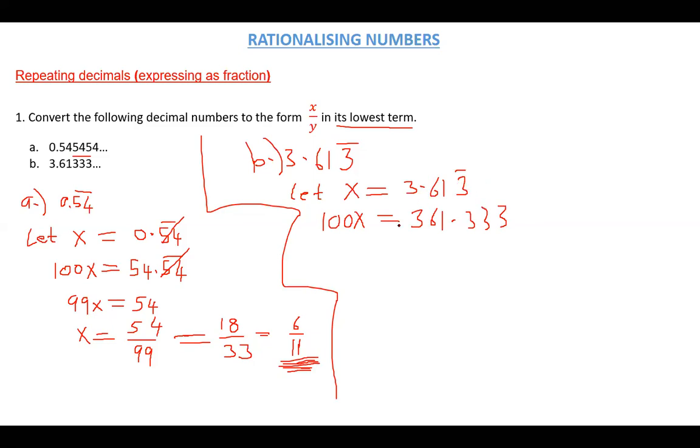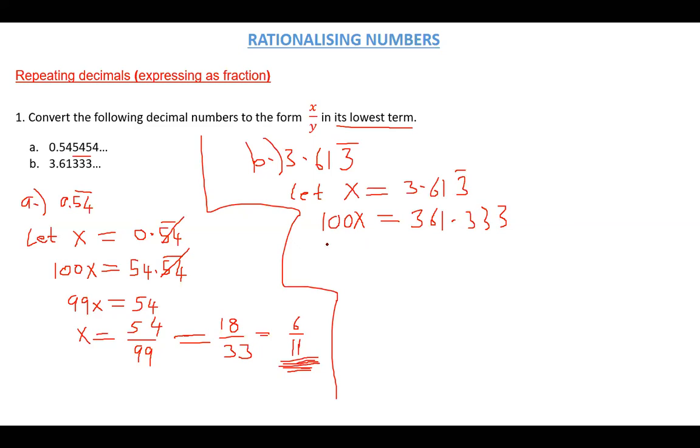Here again, I have to move this point in order to cover a set of repeating numbers. Since 3 is the only number that is repeating, I'm going to move 1 step to cover it.